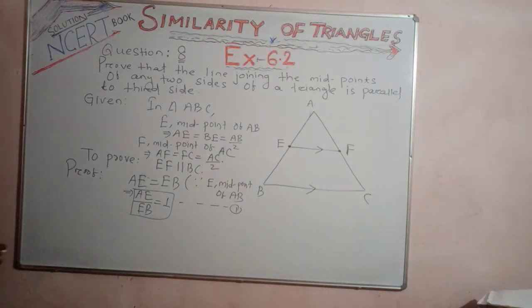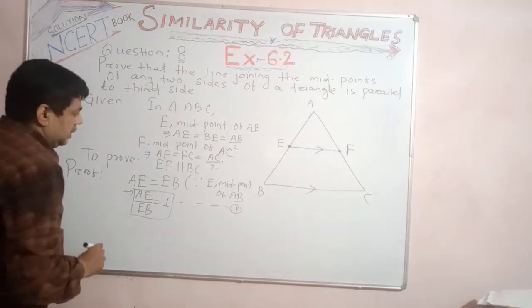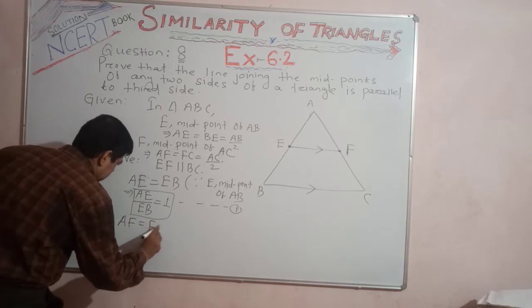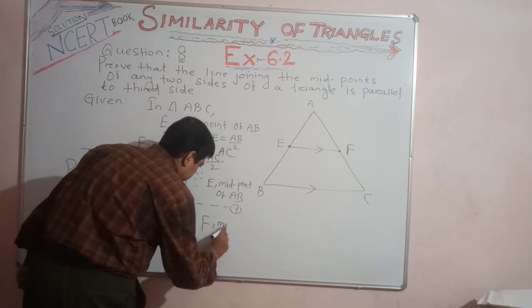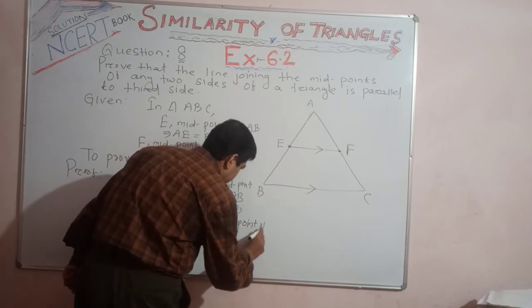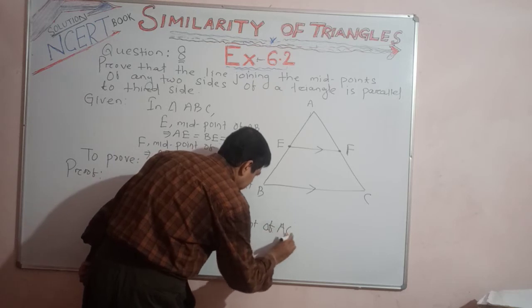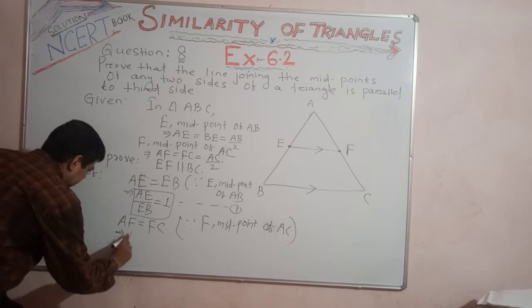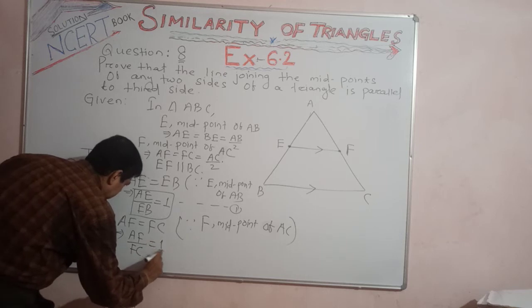Similarly, F is the midpoint of AC. Since F is the midpoint of side AC, we can write AF is equal to FC. That implies AF upon FC is equal to 1.